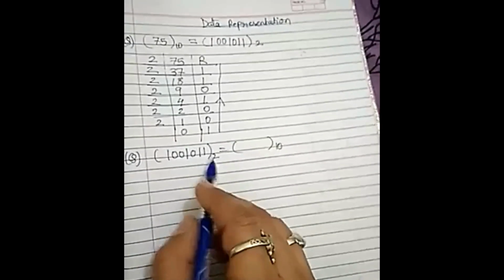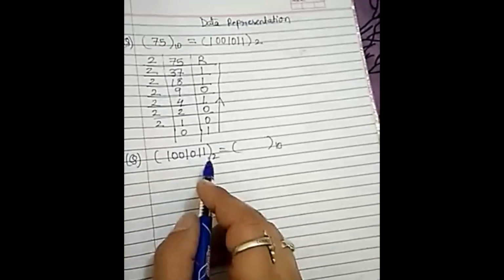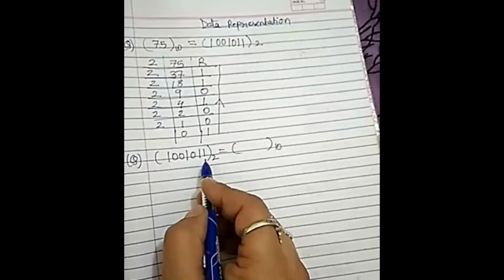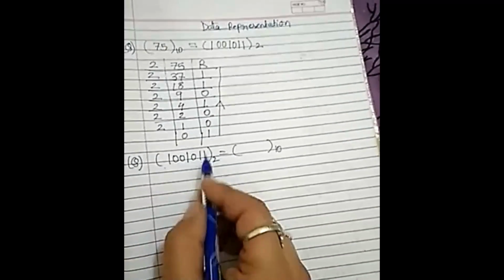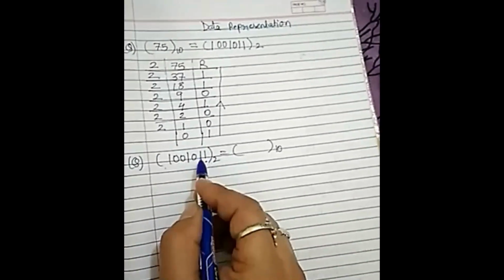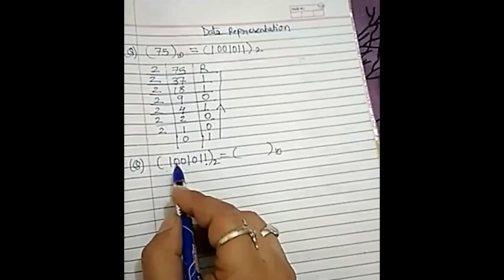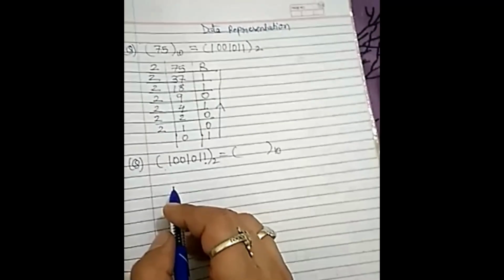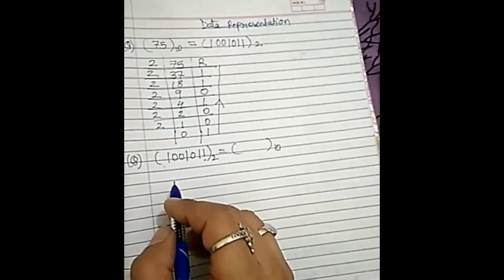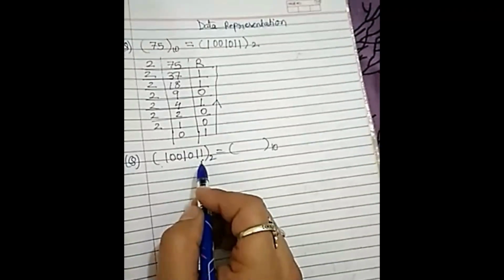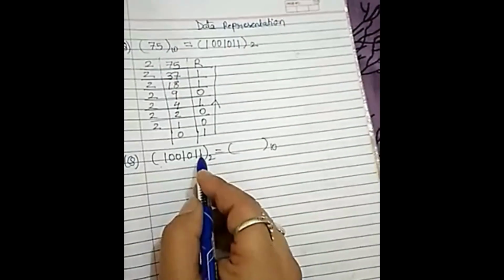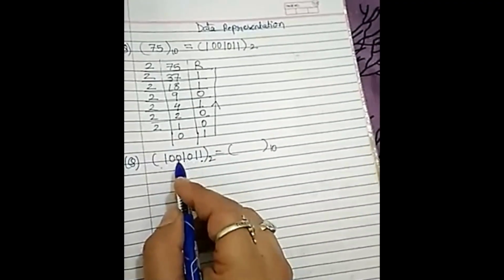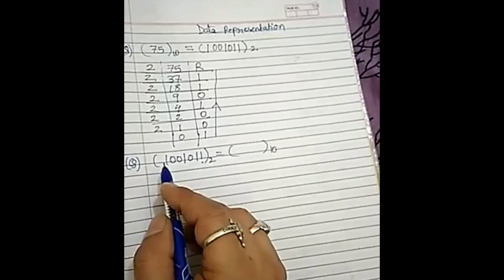I am telling you the rule: count from the rightmost digit to the leftmost digit, starting from 0. 0, 1, 2, 3, 4, 5, 6. So we have calculated the maximum power, that is 6. Again, for calculating the maximum power, count from the right hand side to the left hand side, starting from 0: 0, 1, 2, 3, 4, 5, 6. That is, the maximum power is 6.